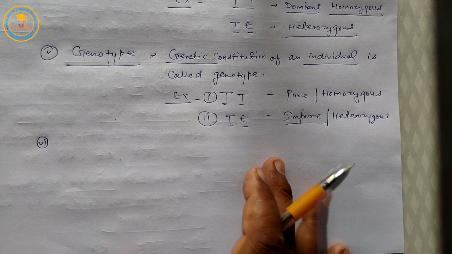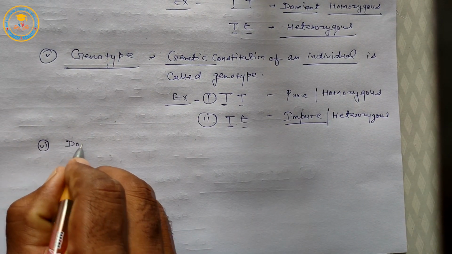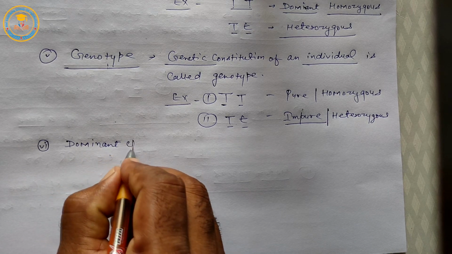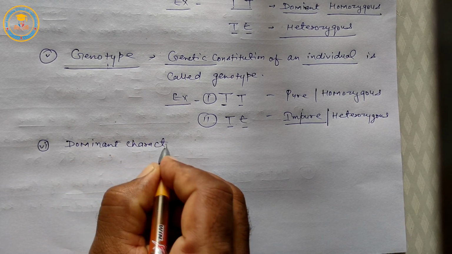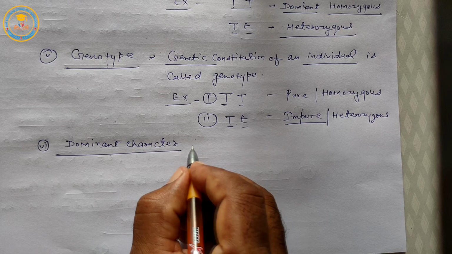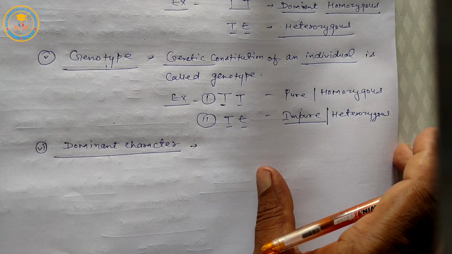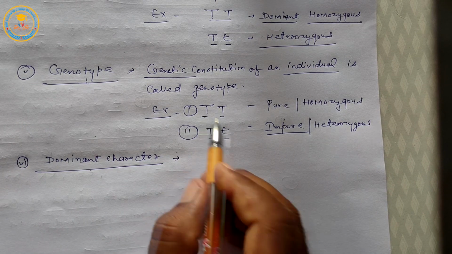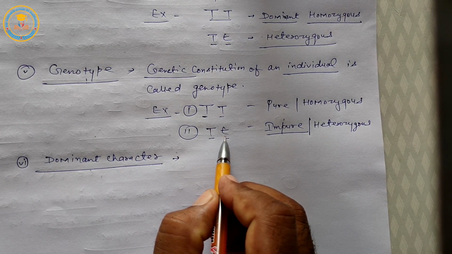Next is dominant character. Mendel represented dominant characters in capital letters and recessive characters in small letters.